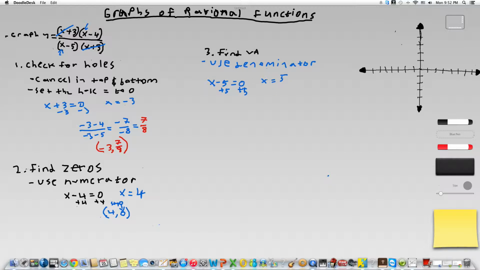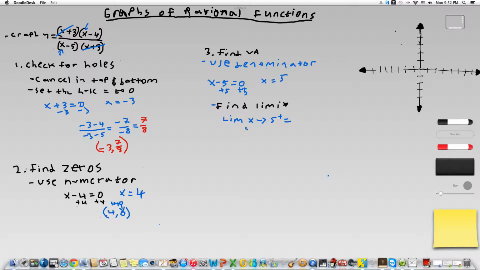And after we found the x, we're going to find the limit. So to find the limit, in this case, we're gonna have to plug in a number that's greater than 5.